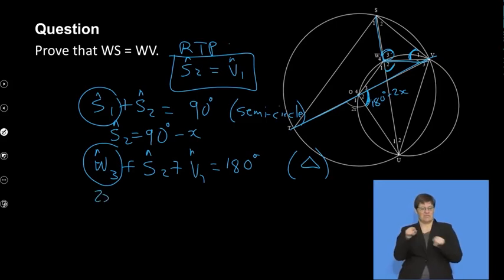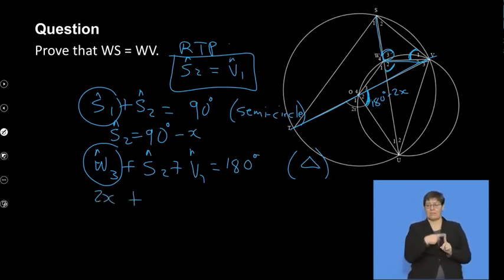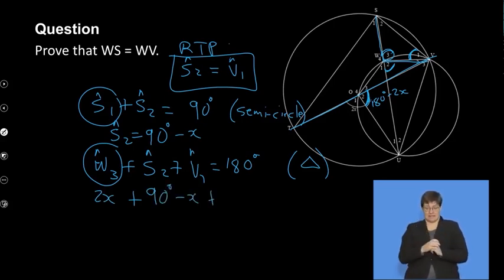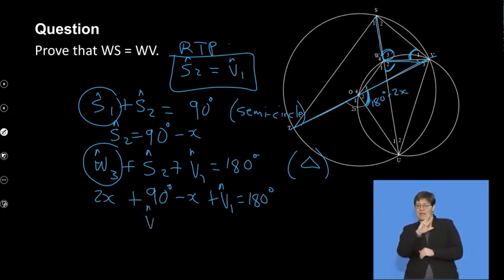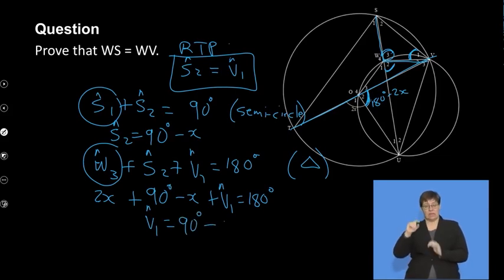So this will be 2x plus S2, which will be 90 degrees minus x, plus V1, and this is equal to 180 degrees. So 2x minus x is positive x, 180 minus 90 will be 90, so V1 will be equal to 90 degrees minus x.